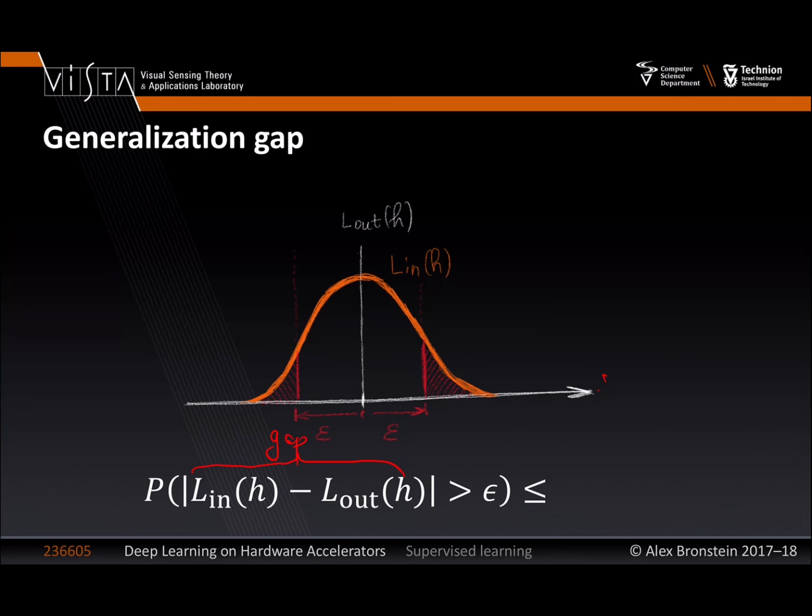But the gap will be basically the difference, how much I deviate from this mean, right? It can be either positive or negative. I don't really care about the sign. I just care about the magnitude, and I will ask what is the probability of being bigger than epsilon. So basically, what is the probability of being in the tails here? Okay, and hopefully I will get something.